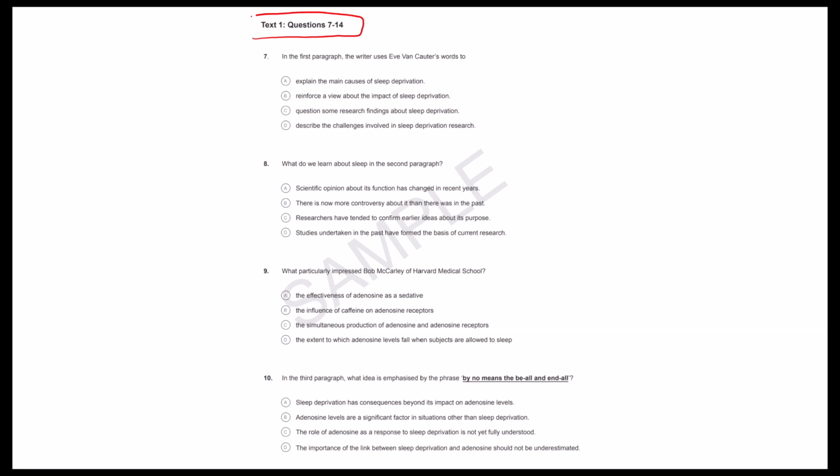So these are the questions for text 1. If we look at the example of question 1, we can see that in the first paragraph, the writer uses a certain phrase, and then we have 4 answer options given. So you have a question, and it will be 4 answer option MCQs.